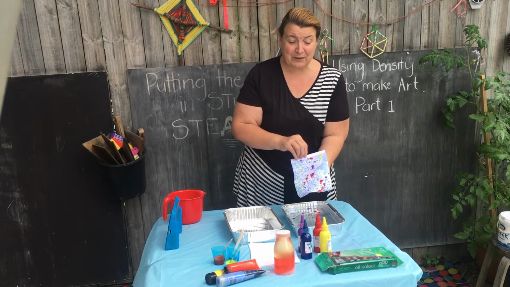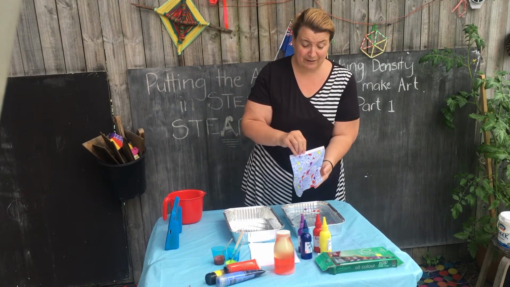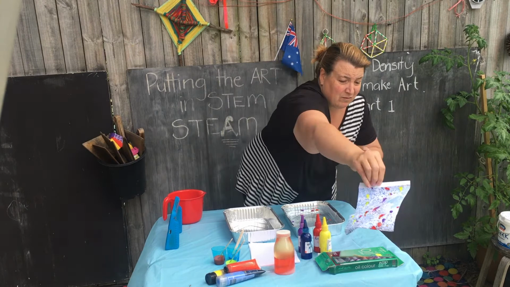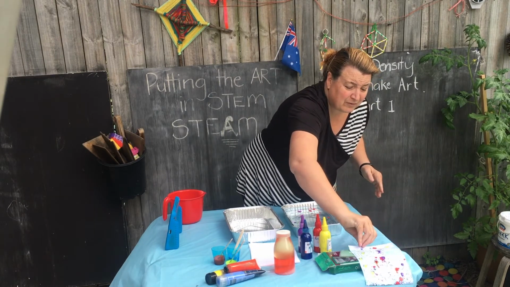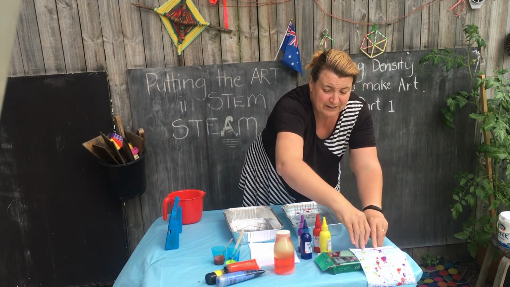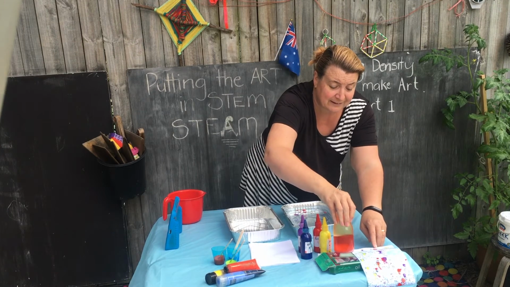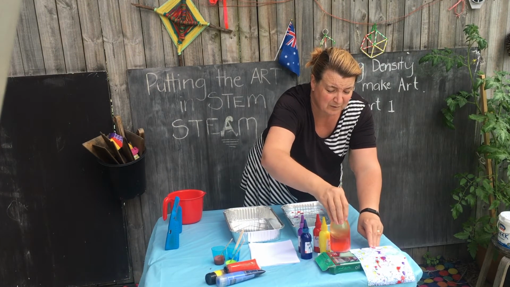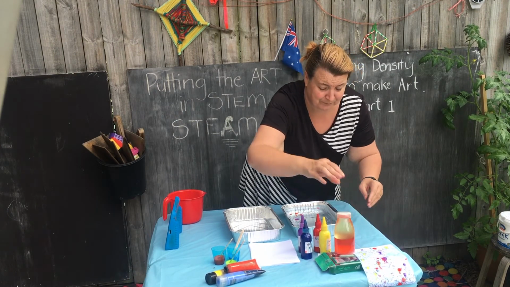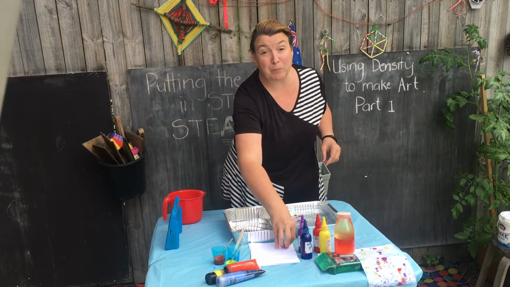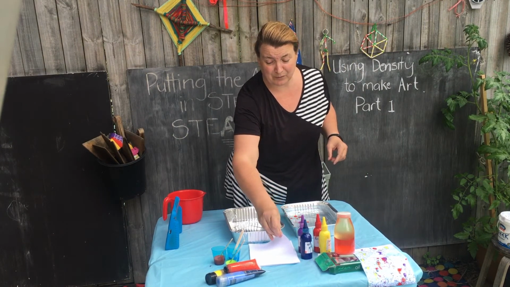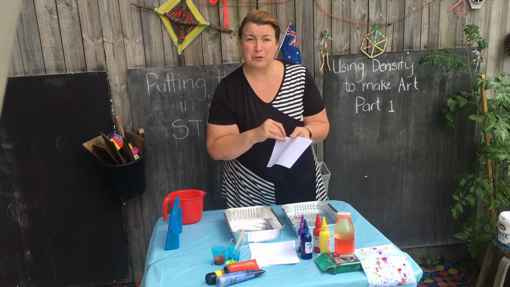There we go. And then I'll leave it to dry just here, and we can use it a bit later. Like that. And I've still got a little bit more paint here, so I can do a few more.